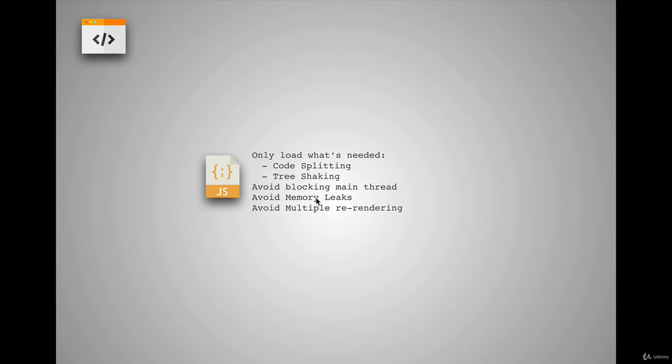And memory leaks, although this term is new right here, is simply making sure that we don't keep adding memory into our apps. So for example, if we have a ton of event listeners on a page, and we change that page to another route, let's say we go to the About page, but we haven't removed those event listeners, now our browsers remember more and more things.